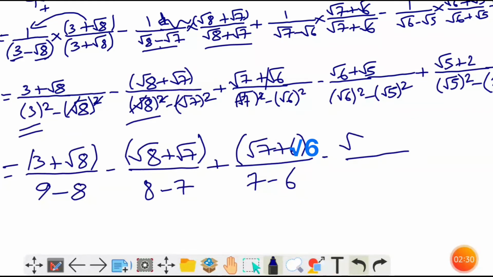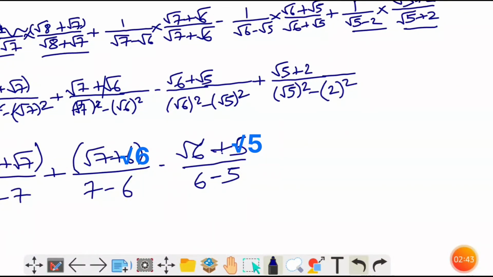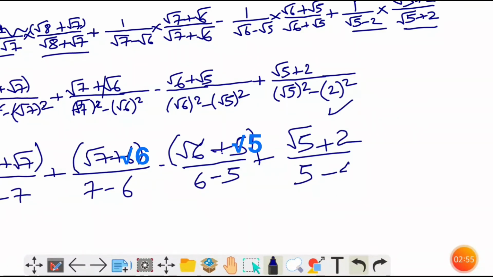minus root 6 plus root 5. In the denominator we have 6 minus 5, plus root 5 plus 2, and in the denominator we have root 5 square, that is 5, minus 2 square, that is 4.